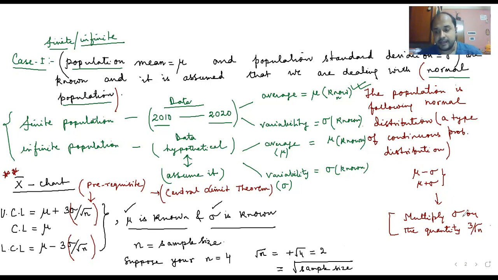So we multiply by this quantity 3 sigma. If you talk about 3 sigma, then actually we are dividing 3 sigma by root n. Why do we divide the quantity by root n? The logic comes from the central limit theorem. That's why I'm asking you to go through this particular statement.